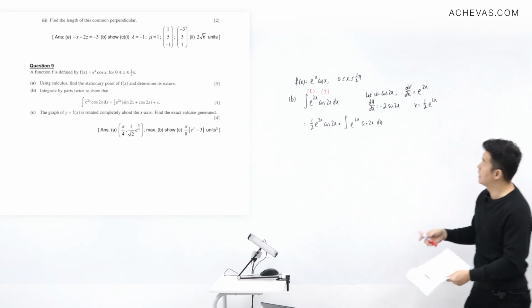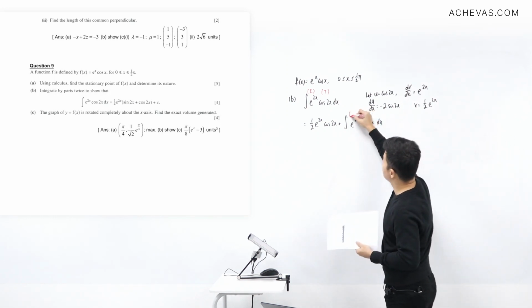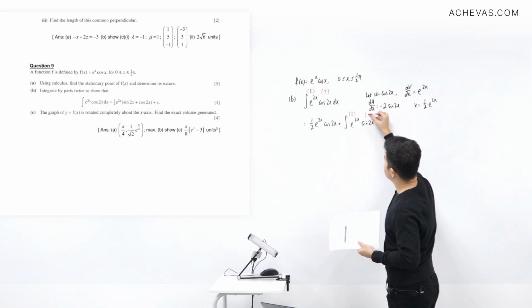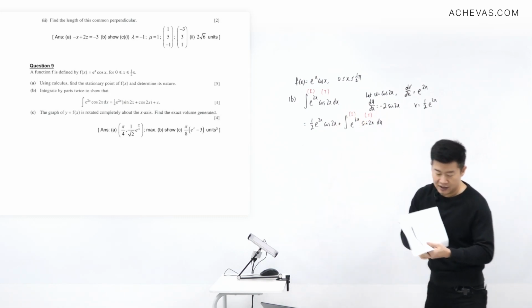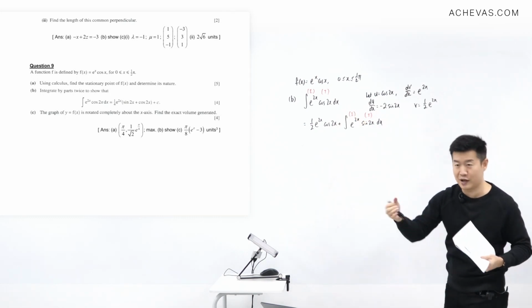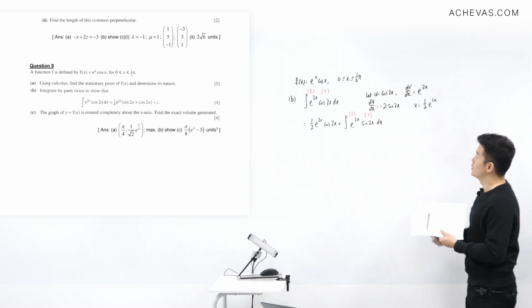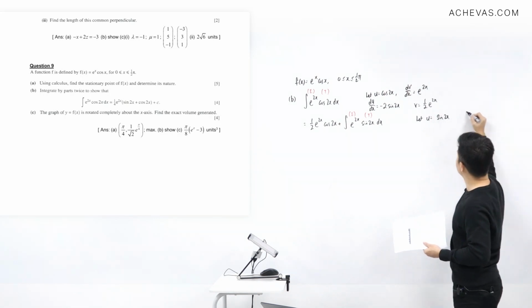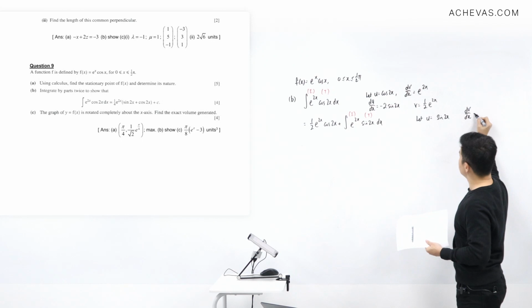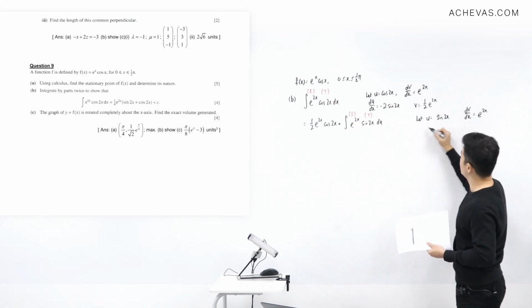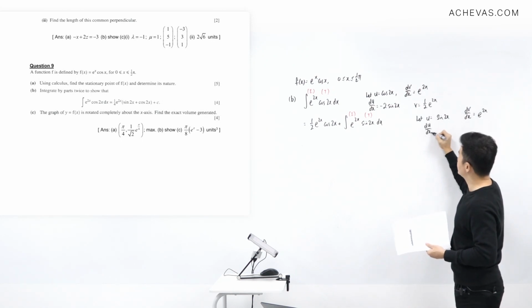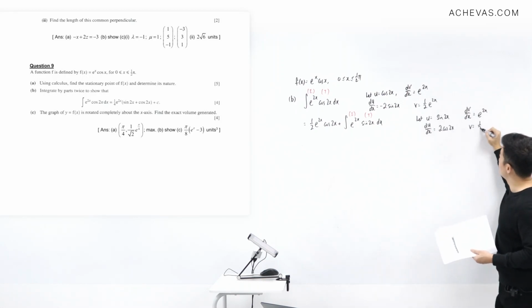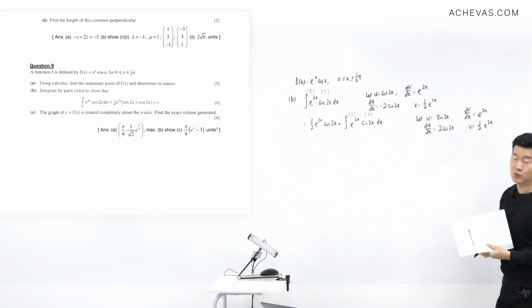Integrating this by parts, I'm going to make use of LIATE, seeing this as e, and seeing this once again as t. T comes before e in our acronym LIATE. So we will be letting u be equal to sine 2x, and dv dx is going to be e to the power of 2x. So du dx here is going to be 2 cosine 2x, and v here is 1 over 2 e to the power of 2x.